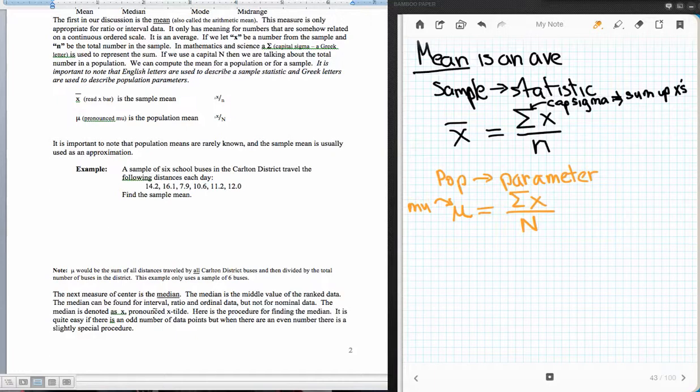And now we're going to go ahead and calculate the mean of the purse snatcher data, and we're going to represent it as x bar because indeed it is the mean of a sample, because this purse snatcher data is a sample.